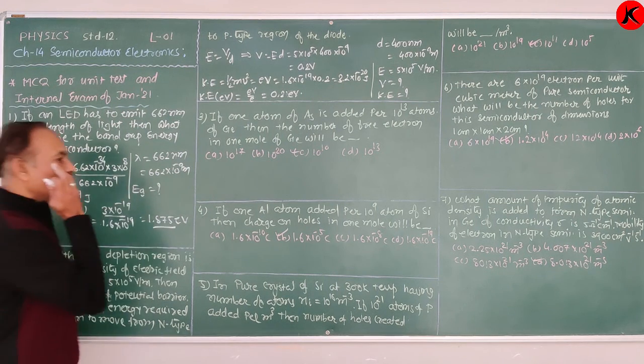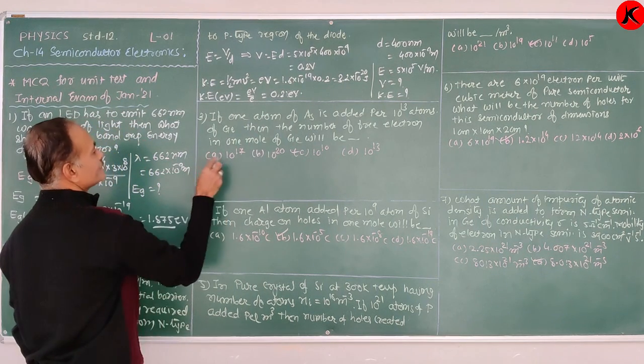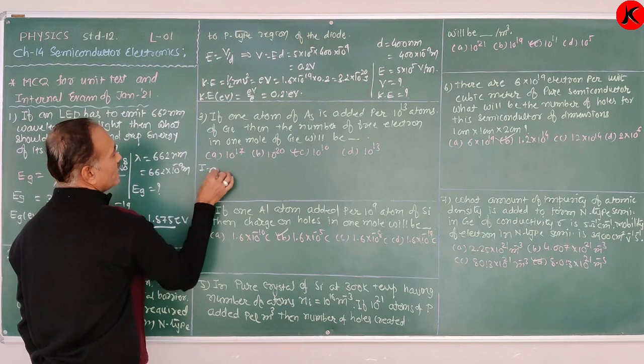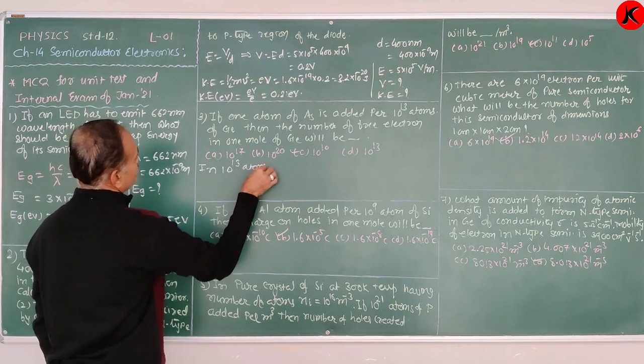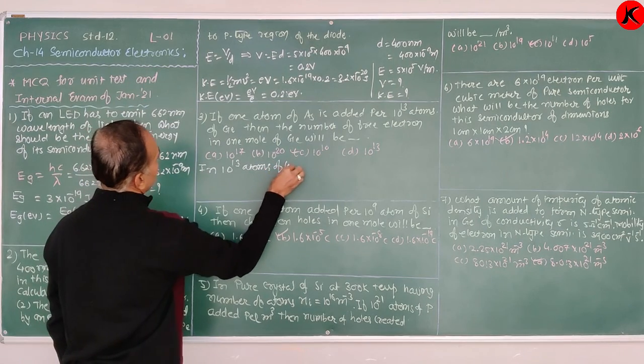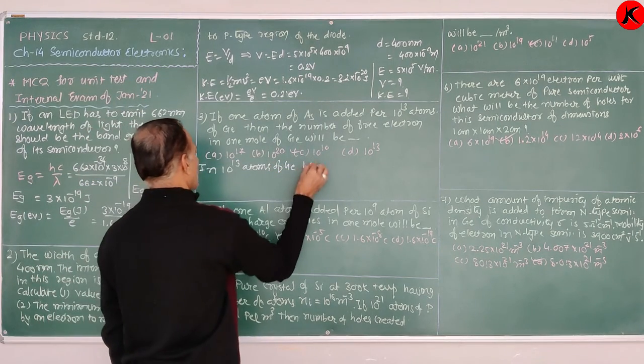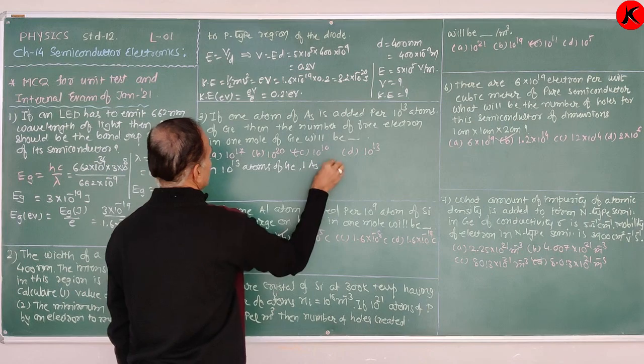Therefore, in 10 to the power 13 atoms of germanium, one arsenic atom is added.